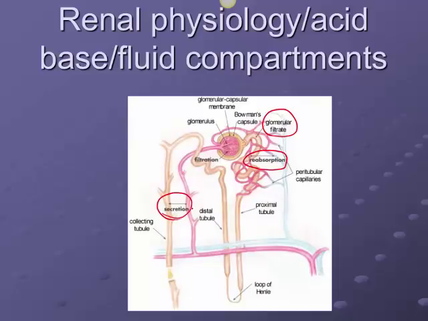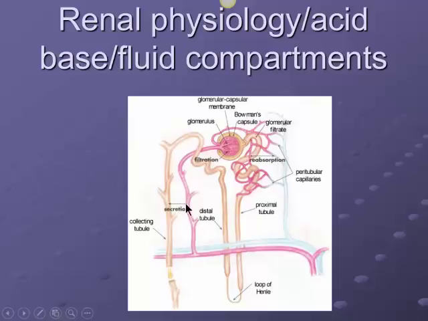And if you pay attention to this image, you can see how filtration occurs into the glomerular capsular space, and what you get is called the filtrate, which travels down the entire renal tubule or the nephron. And then we have something called reabsorption, where you can see from the tubule it's going into the bloodstream. So it's reabsorbed into the bloodstream.